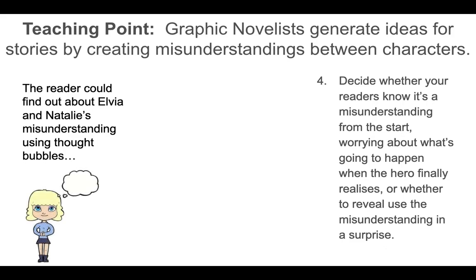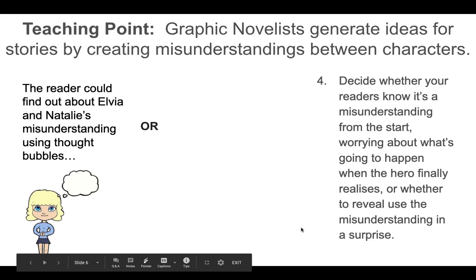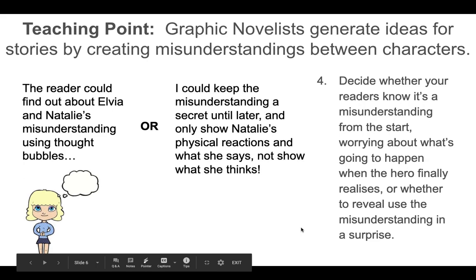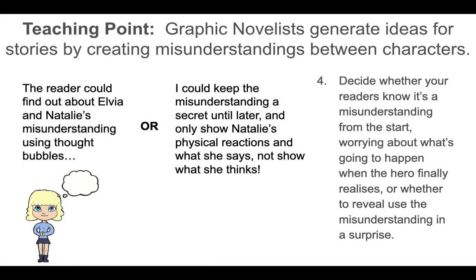While Elvia is telling people what Natalie is supposedly thinking, Natalie could have thought bubbles revealing to the reader, hey, this is how I really think and feel. Or I could keep the misunderstanding a secret until later and only show Natalie's physical reactions and what she says, and not show what she thinks.